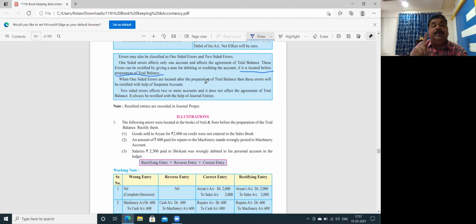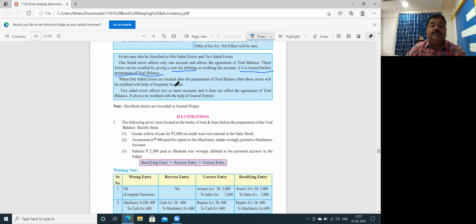Now this is a one-sided error, and if you are finding out the error before preparation of trial balance, you need not pass any entry, but give a note. We give a note saying salary account is debited with 500. No entry is required.